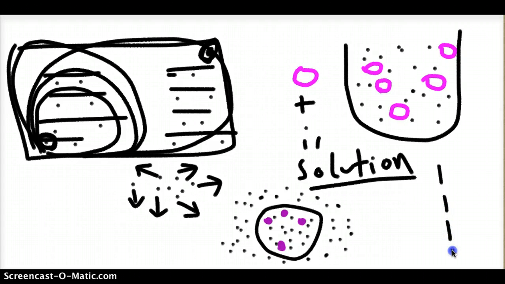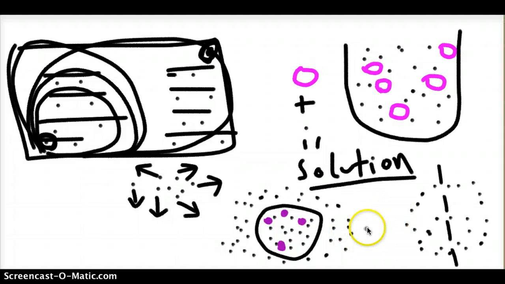There is a membrane. It has holes, so water molecules can get in and get out. They keep moving around, getting in and out, until the number of molecules inside the membrane equals the number of molecules outside the membrane.